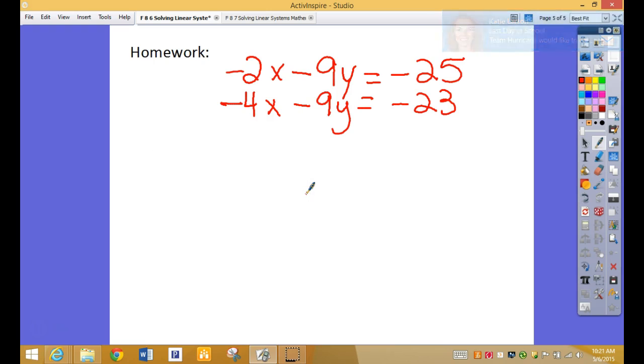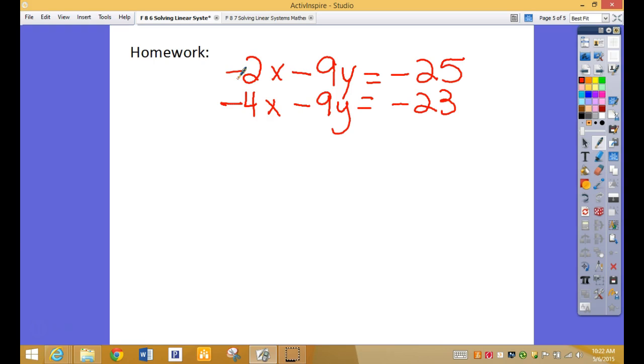All right? Now, some people think too hard and go, oh, we have to take this times a -2. If I take this times a -2, that'll turn into a +4x and cancel it out. Would that work? Yes, absolutely it would.